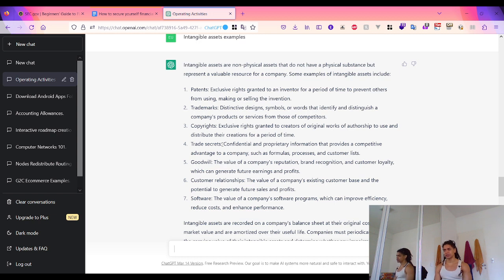According to ChatGPT, copyright is an exclusive right granted to creators of original works to use and distribute their creation for a period of time.